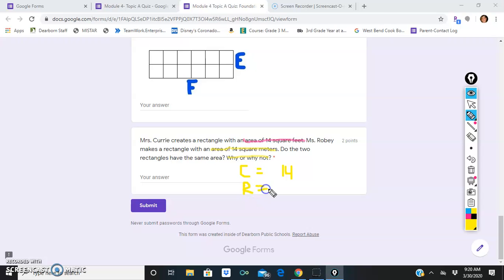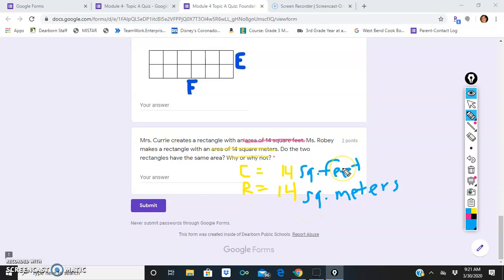Okay, so Miss Curry, though, she has 14 square feet. And I have square meters. Okay, so right away, some of you might be thinking they're the same area. However, they're not. Now, here's why.